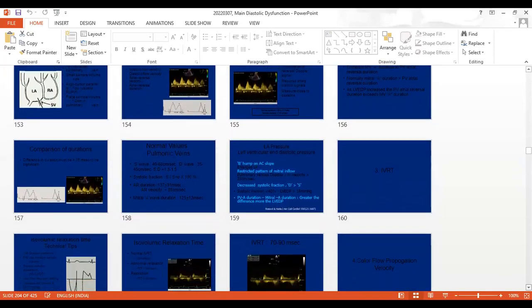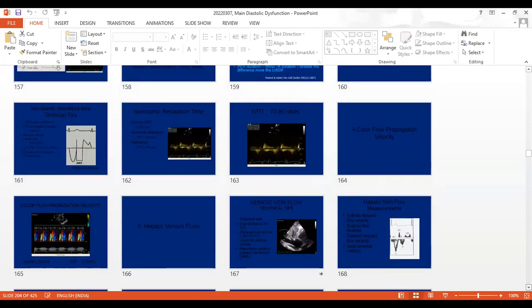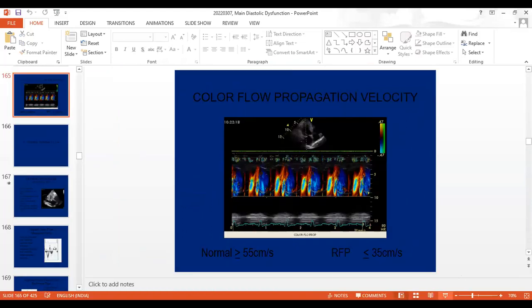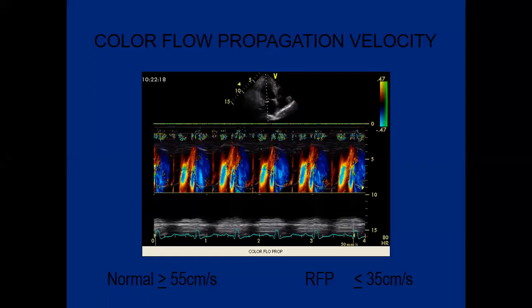Yeah, it's here. We have been roaming around at multiple places to see flow propagation velocity. Can you see the slides now? Yes, sir.